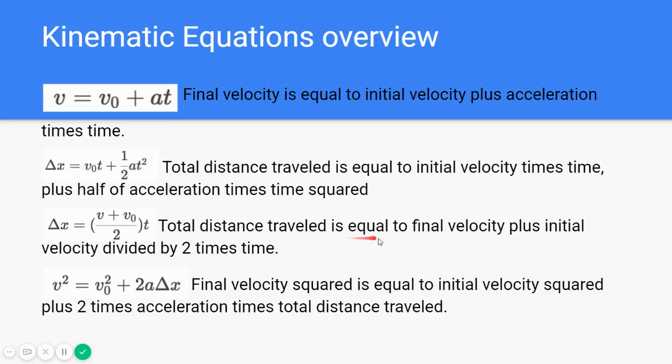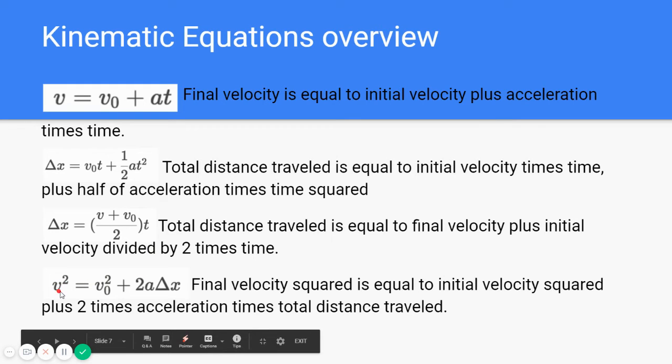Total distance traveled is equal to final velocity plus initial velocity divided by 2 times time. So since there's a parentheses, this means that the t is distributed. And the last one here, it's final velocity squared is equal to initial velocity squared plus 2 times acceleration times total distance traveled.